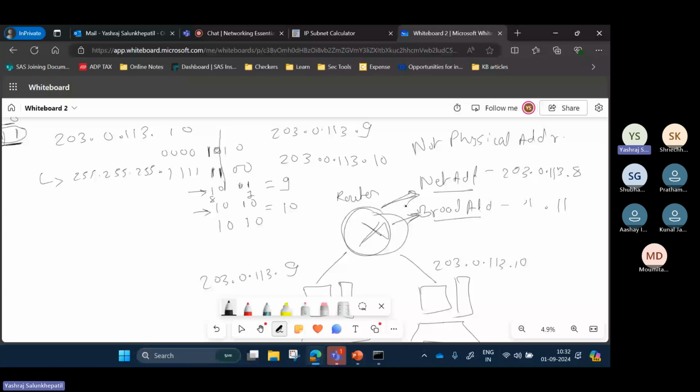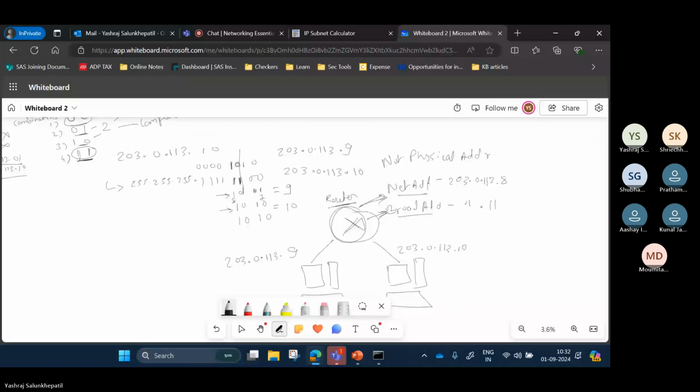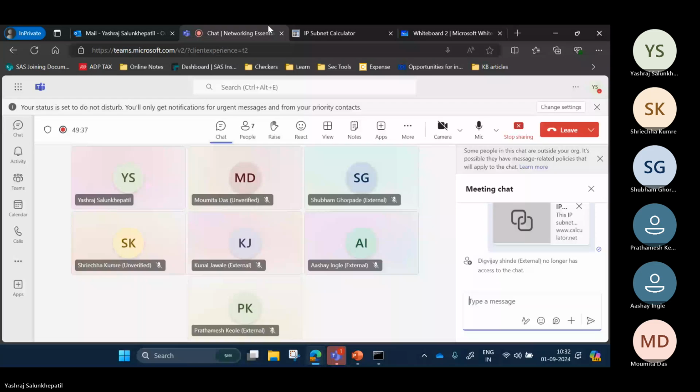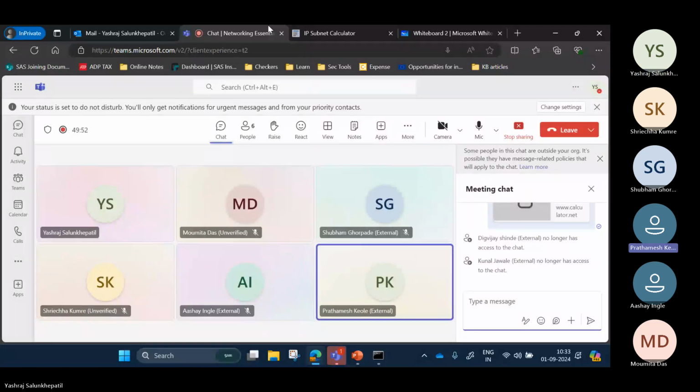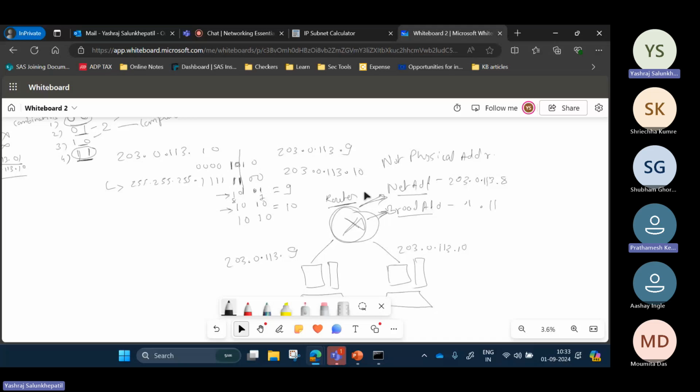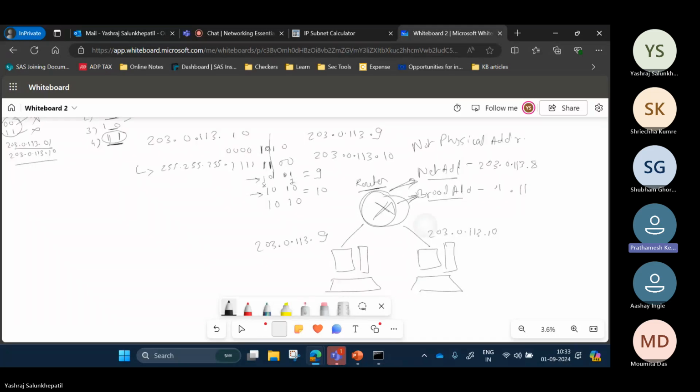Now, understood? नहीं हो तो बताओ कौन सा पार्ट नहीं समझा. सर, तो मतलब नेटवर्क एड्रेस ऐसा 0 से एंड होना चाहिए या फिर ब्रॉडकास्ट एड्रेस 1 से एंड होना, ऐसा कुछ नहीं है ना?